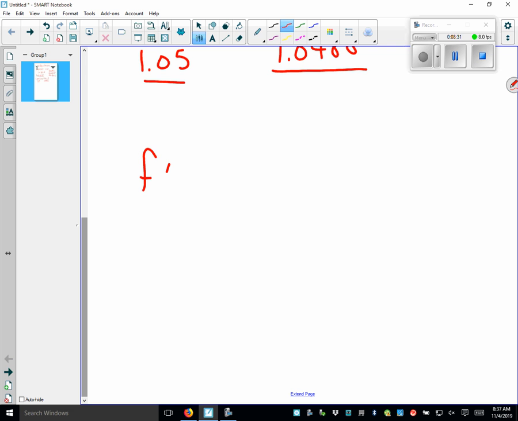If I give you this, f of x is 3x to the fourth plus 2x, I want you to use Newton's method.